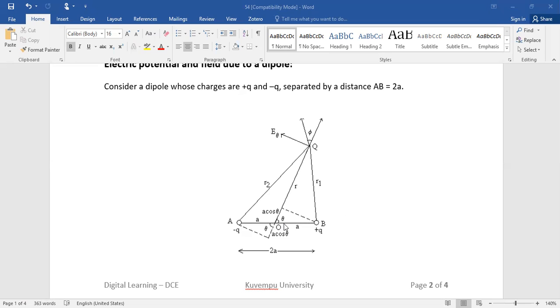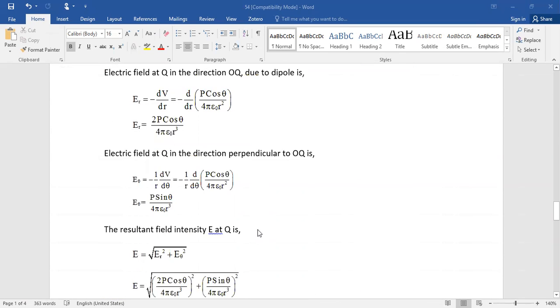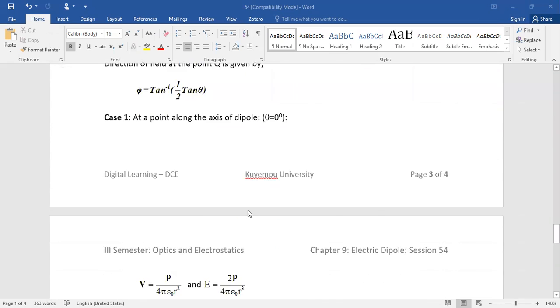So the angle between the dipole axis and the line joining the center and the external point, theta, will be 0.